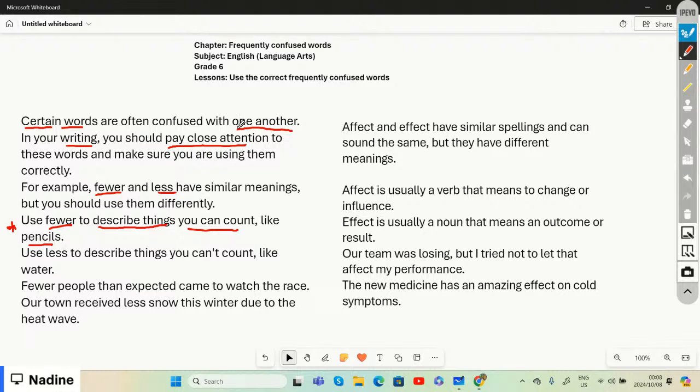And then we use the word less to describe things that you cannot count, uncountable things like water and air and dust. Those are things that you cannot count.